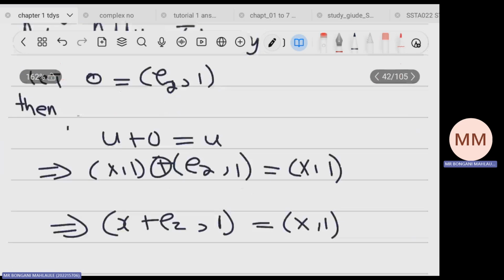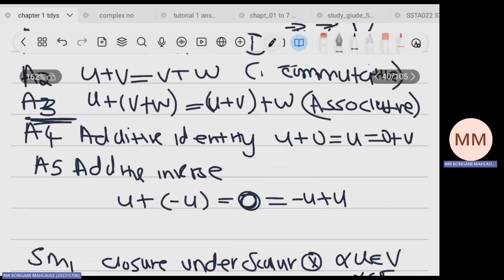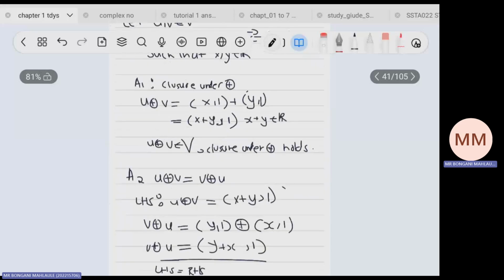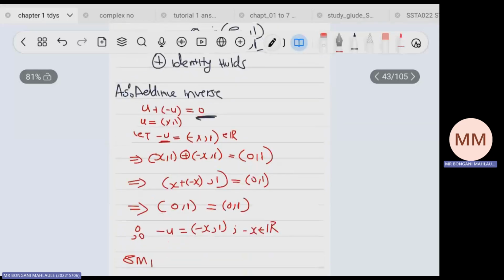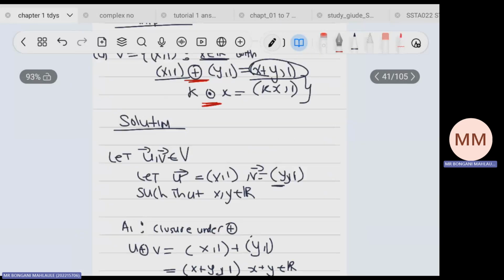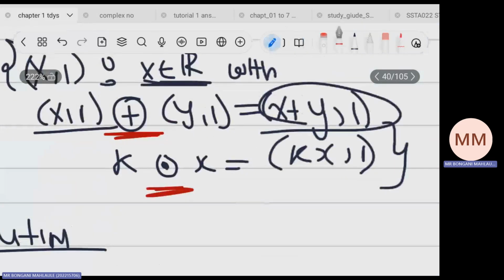So let's start with SM1. We said with SM1, we're checking for closure under scalar if it holds. So here we're given that when you've got a scalar times your vector, you'll get kx comma 1.